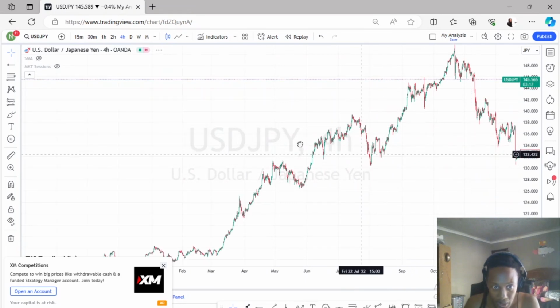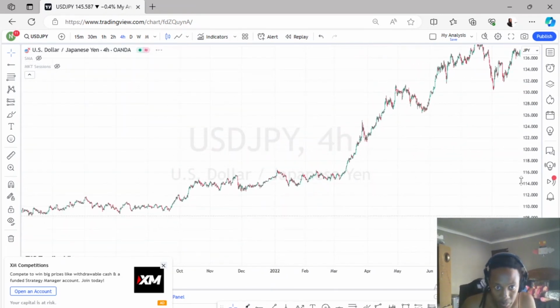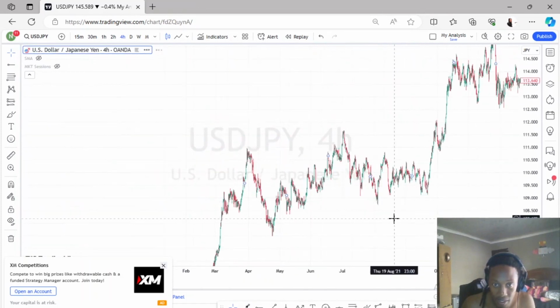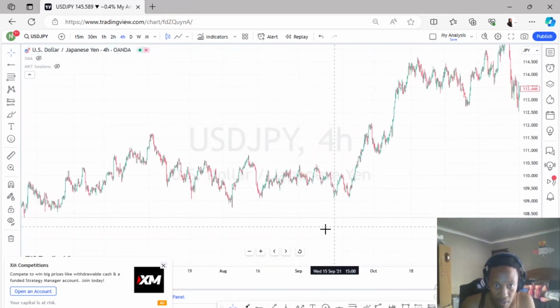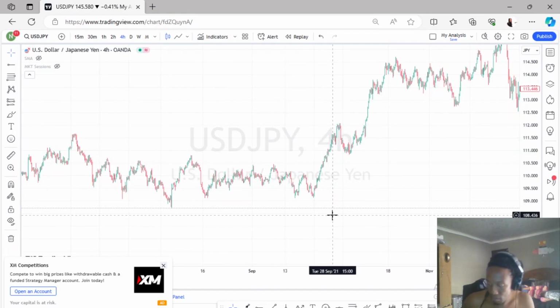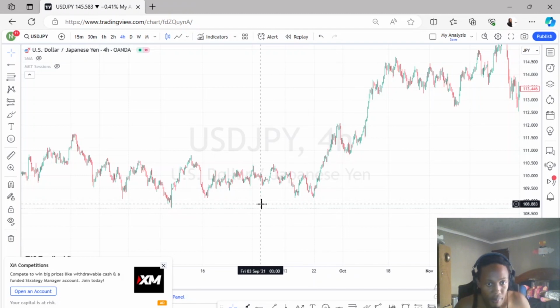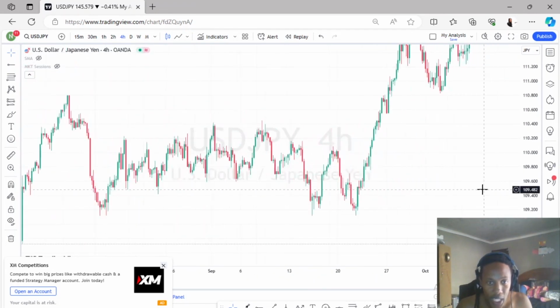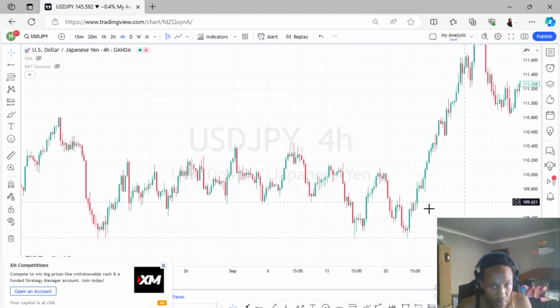This pair doesn't like consolidating, doesn't like ranging, so there are fewer ranges over here. So here's one of our ranging markets over here.